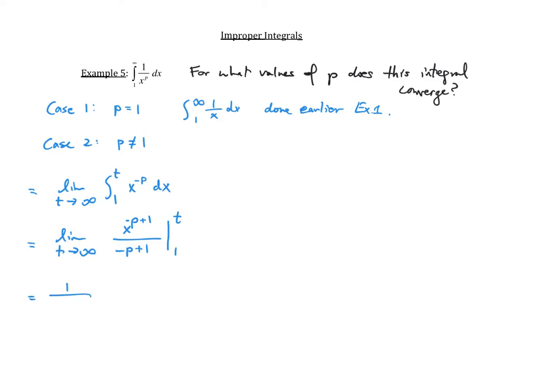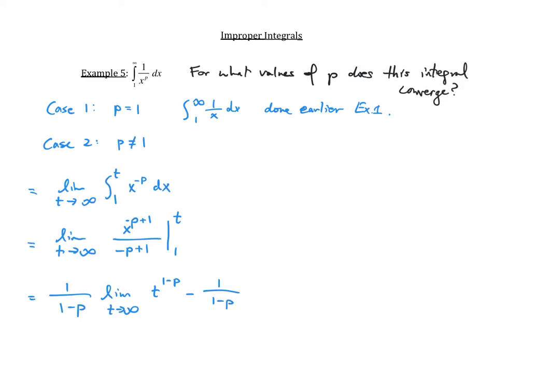So our integral is going to become 1 over, I could really write this as 1 minus p, and then we're going to have the limit as t goes to infinity. We're going to substitute in a t, so we're going to have a t to the 1 minus p, and then we're going to substitute in a 1. So we're going to have minus, really it's going to be 1 over 1 minus p.